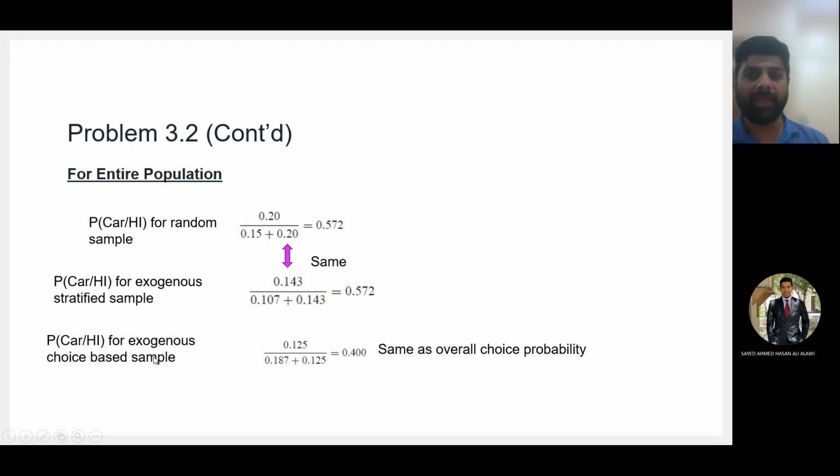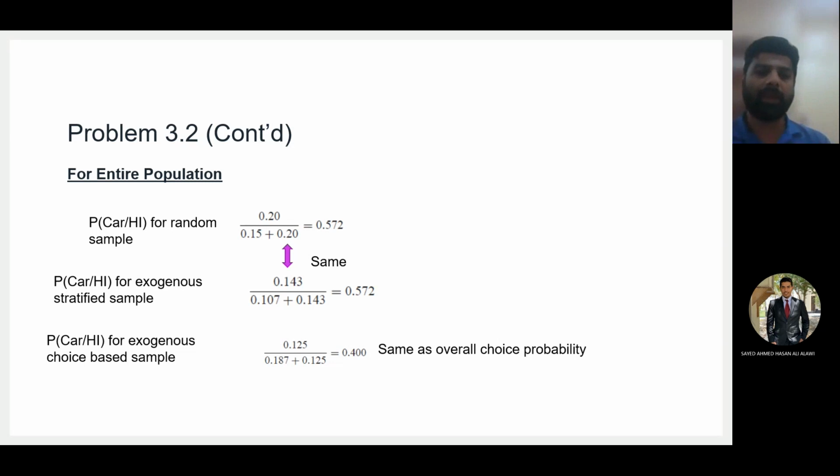So when you take choice-based stratification, when you collect data on the basis of choices of the people, that I will have this much from users with this choice, and I will have this much data from users of that choice, then in the end, the total probability for each choice will remain the same in the sample as well as in the population.